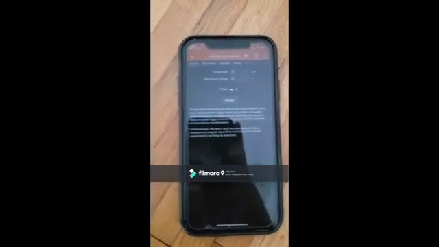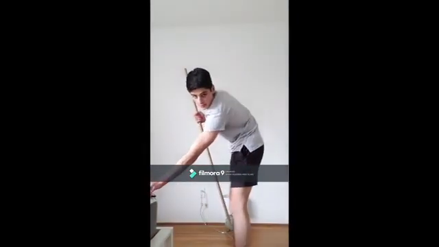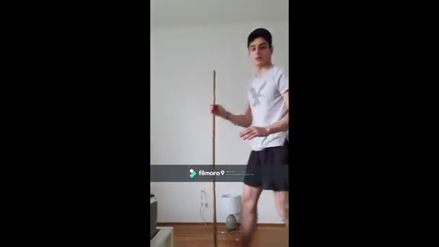We'll need an acoustic stopwatch, a coin, a ruler, and a stick at about 1.5 meters long. Okay, so now I'll be starting the acoustic stopwatch, and I'm placing it right in between, right in the middle.